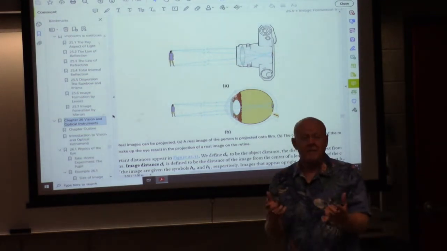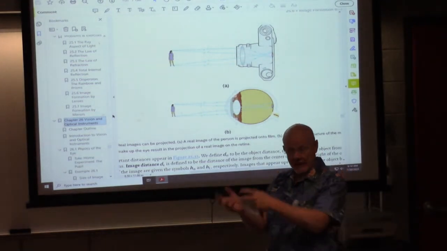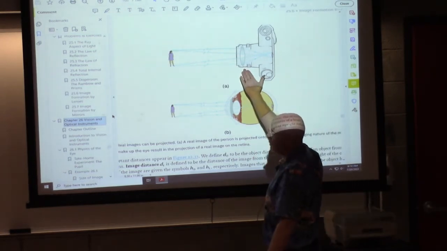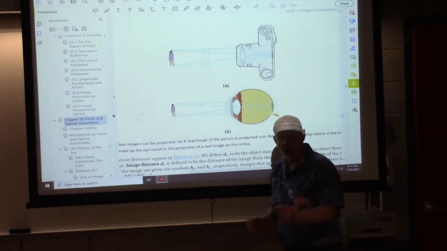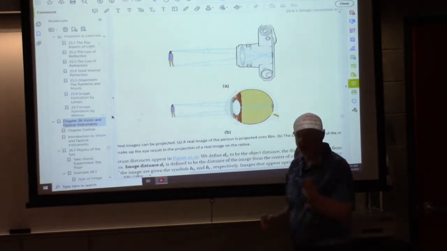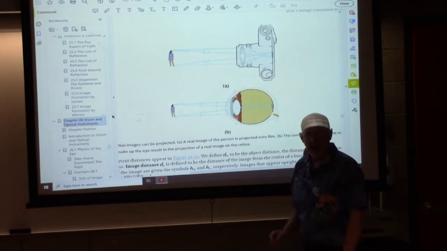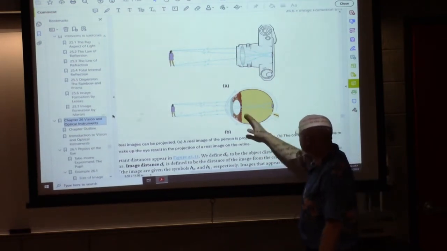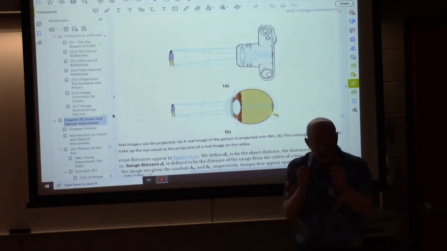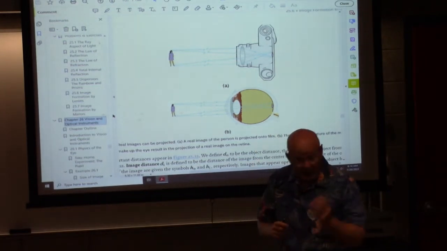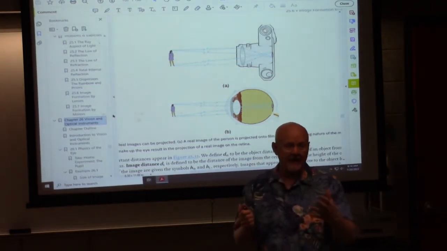And that's an important difference between the camera and the eye. Because with a camera, you don't change the focal length, you change the distance. But with the eye, you change the focal length, but you don't change the image distance. And so the image distance is the size of the eye. And for humans, you should know that that's about 2 centimeters.